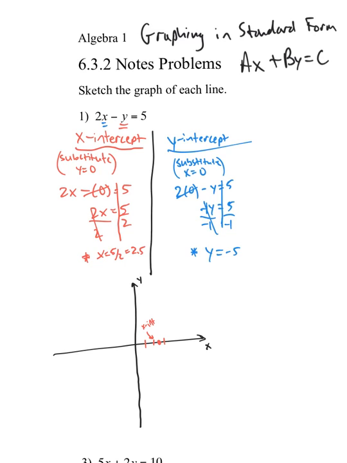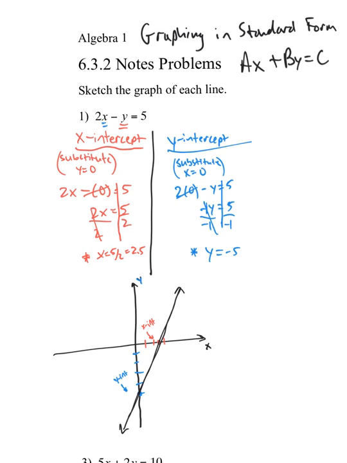That means on the y-axis, my vertical axis here, I'm going to go down 5: -1, 2, 3, 4, 5. And that point right there, that is my y-intercept. All right? So find the intercepts, plot the intercepts, and connect the dots. That's our line there.